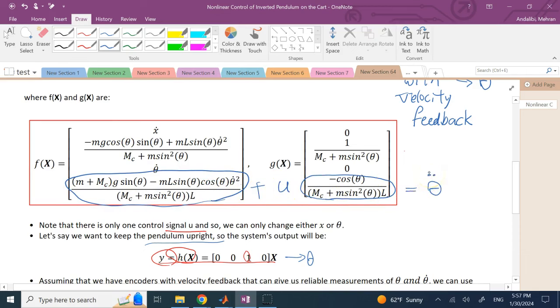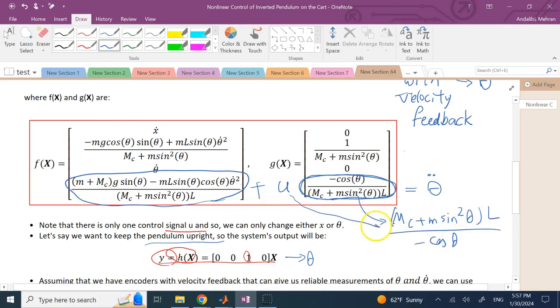So what can I do to get rid of these big nonlinear terms on both sides of u? Well, one thing I can do is, if I pick u to be the reciprocal of this term in g, so mc plus m sine squared theta L comes to the numerator, and then that other term, which is negative cosine theta, comes to the denominator.